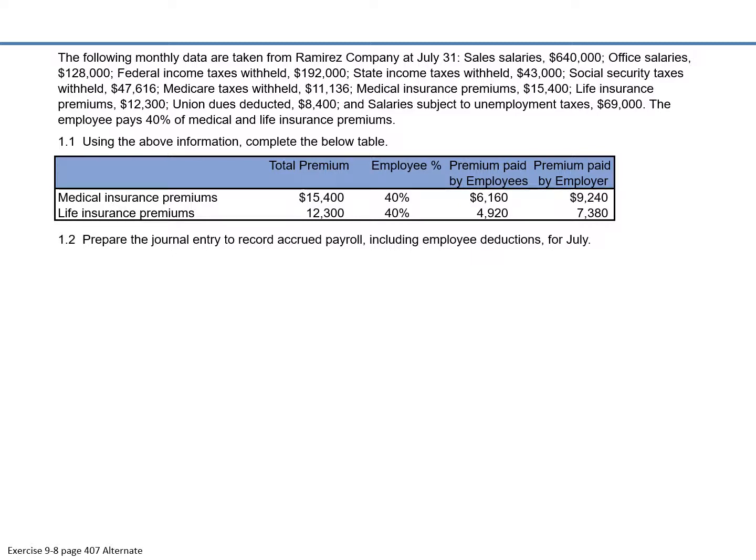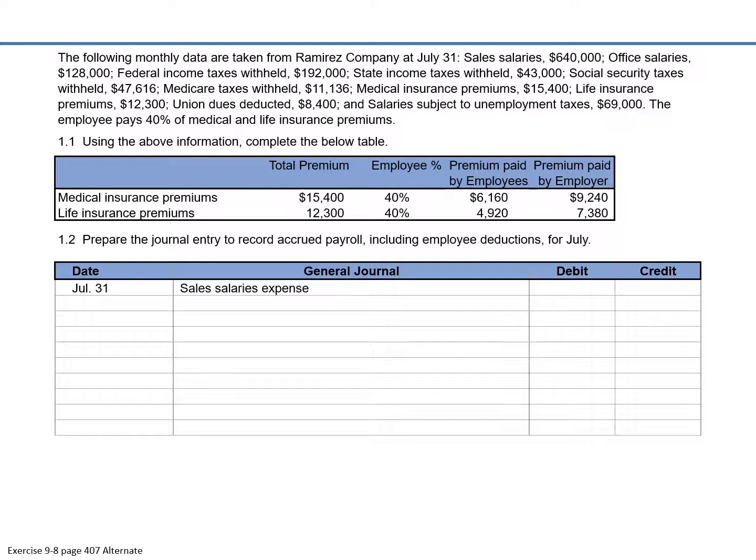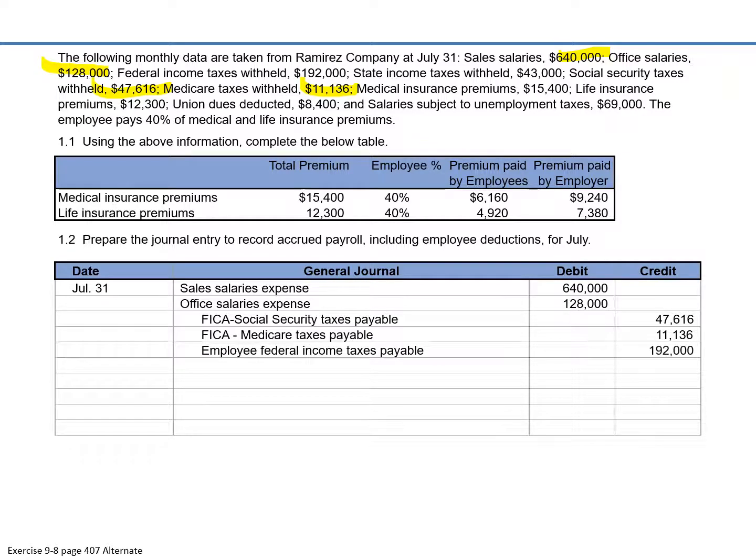Then we prepare the journal entry to record accrued payroll, including the employee deductions for July. So we have sales salary expense for $640,000 and office salaries for $128,000. Those are both up here. Then you've got your FICA Social Security tax payable, which is $47,616. They tell you that. The Medicare they tell you is $11,136.